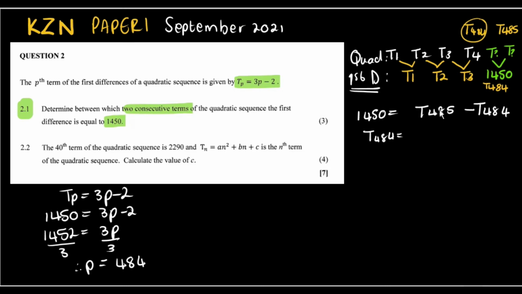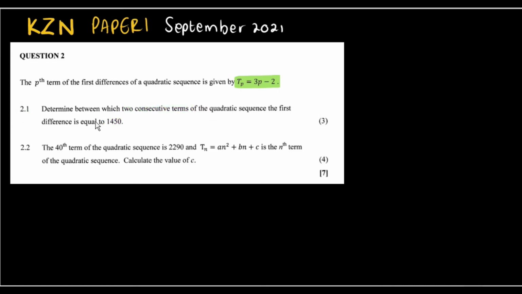That's why it was T485 minus T484. So the two terms that give you a first difference of 1450 are term 485 and term 484.